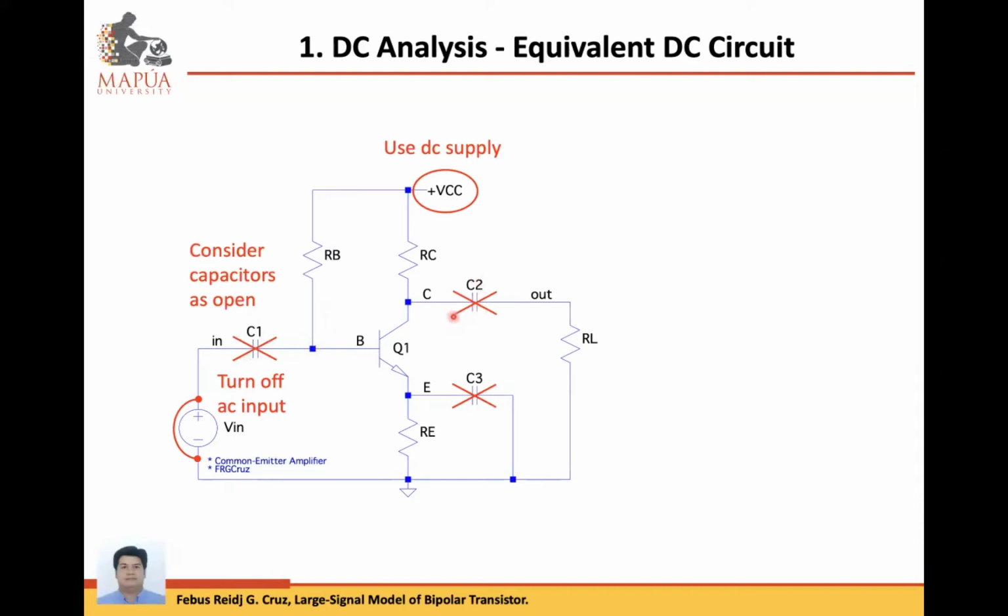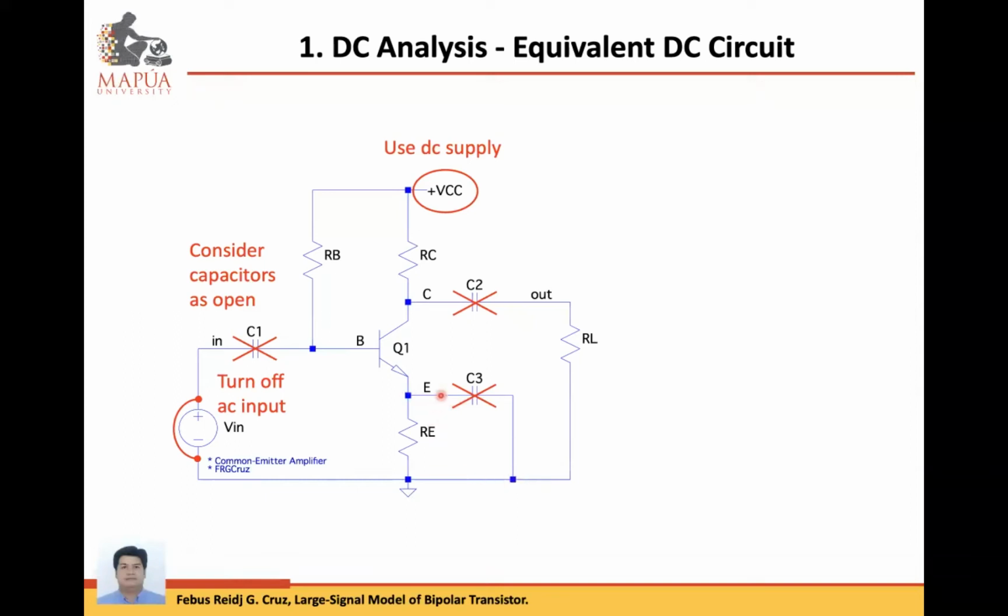When output coupling capacitor C2 becomes open circuit, the load resistor is no longer connected to the collector terminal. And when bypass capacitor C3 is open, then the emitter terminal is no longer connected to ground.